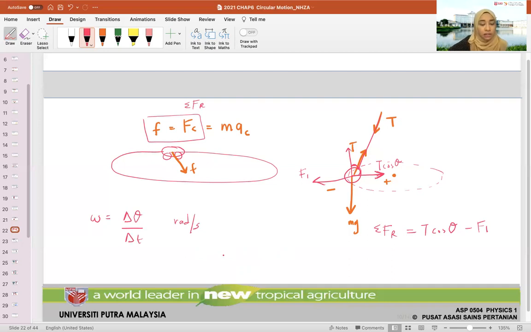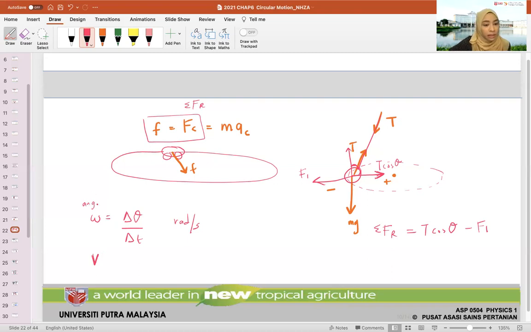Theta can be in radians or degrees, but in this case, please use radians. So angular speed, or angular velocity, or rotational speed, is different from your linear speed. This is your linear speed. It's called velocity.